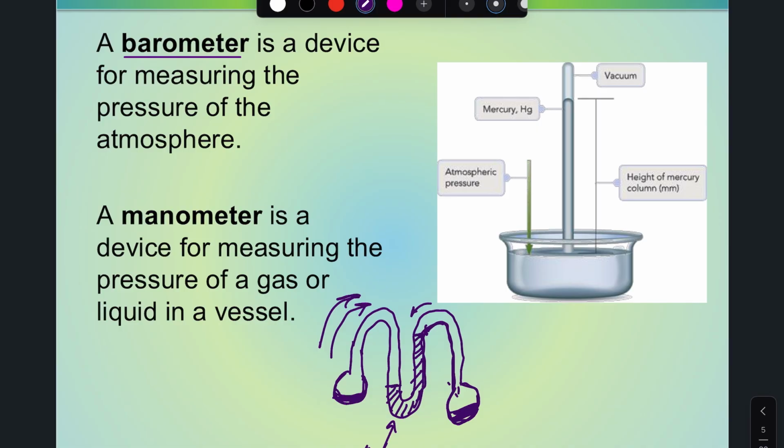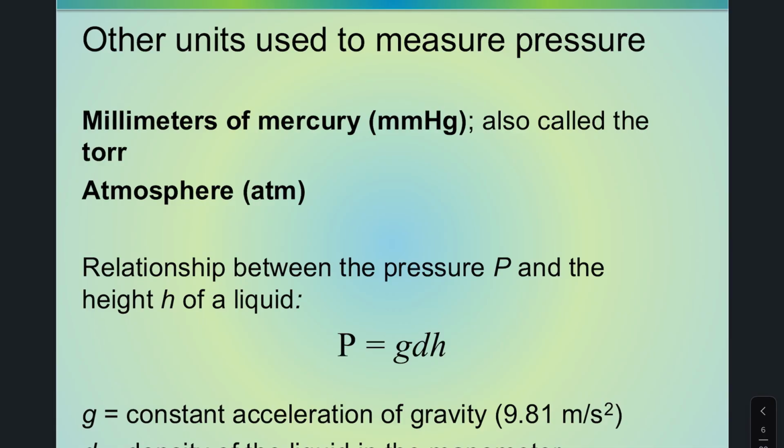We'll talk in just a second about how to use them. So just to be clear, this is measured in millimeters. We can use other units to measure pressure as well as millimeters of mercury. So there's torr and millimeters of mercury.